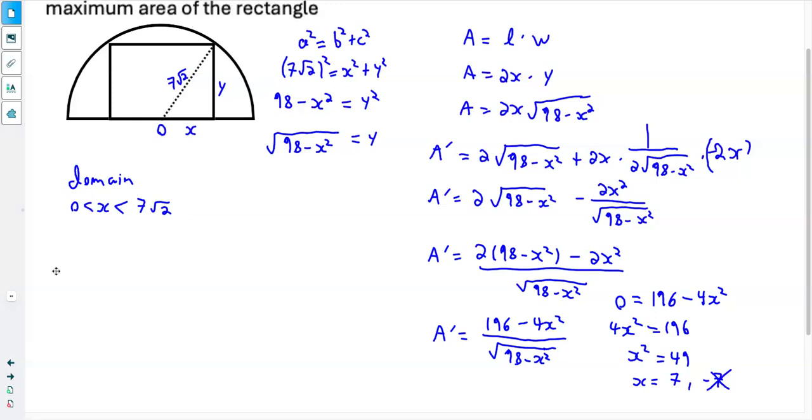So we will draw out our number line. So we've got 0, 7 root 2, and an x value of 7. So A prime we know is 0 when x is 7.